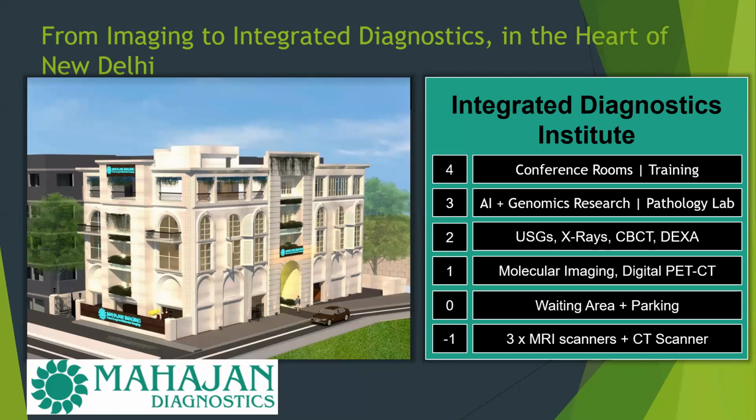The first floor is dedicated to nuclear imaging, molecular imaging, and digital PET CT. On the second floor, we have the ultrasonographies, X-rays, CBCT, and DEXA machines. On the third floor, we have the AI and genomics research and the path labs. And on the fourth floor, we have the conference room and the training rooms.